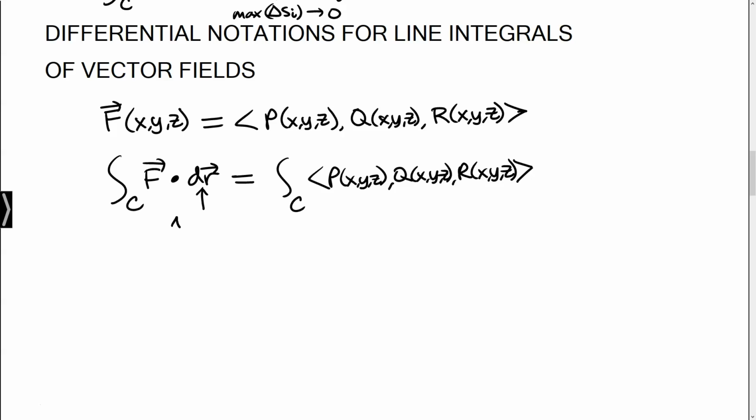It's sometimes called ds, so the s with an arrow above it. But this is called the infinitesimal element of displacement, or the infinitesimal displacement element, meaning that it's supposed to represent a little infinitesimally small displacement in the tangential direction of the curve.